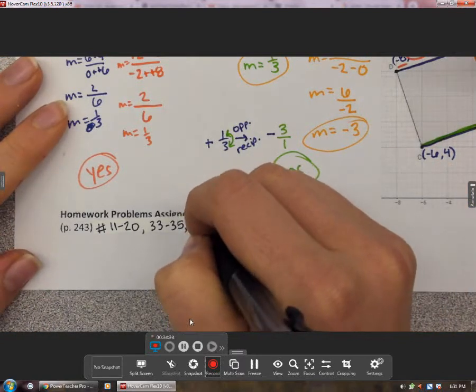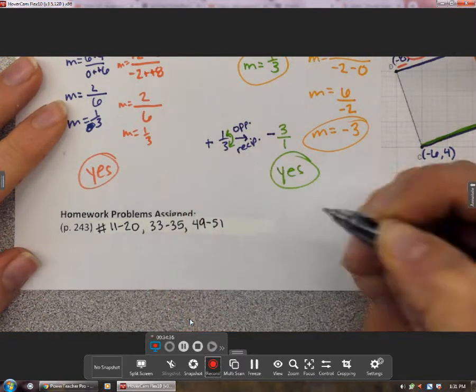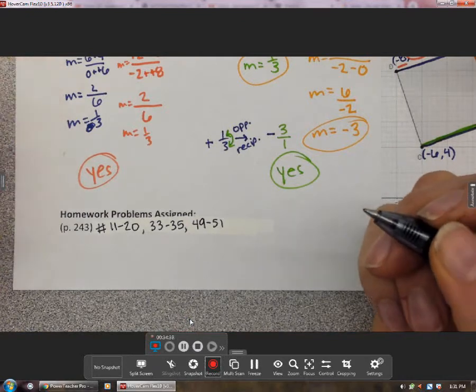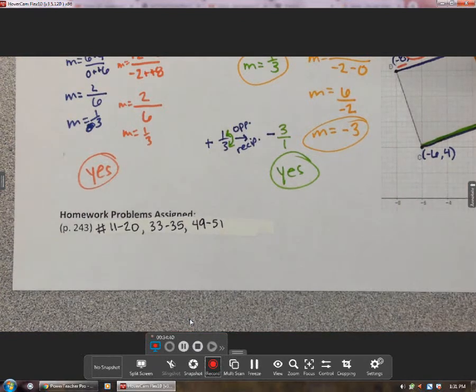And 49 to 51. Those are just multiple choice. Okay, I'm cutting it down a little bit. You're welcome. All right, there you go.